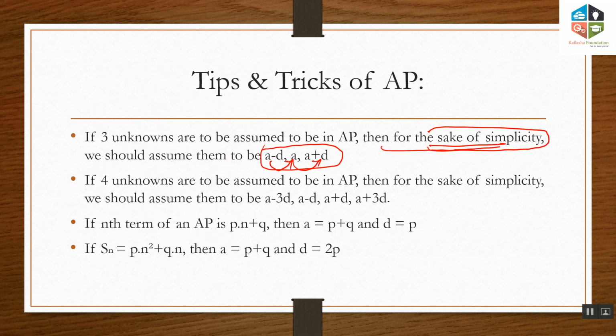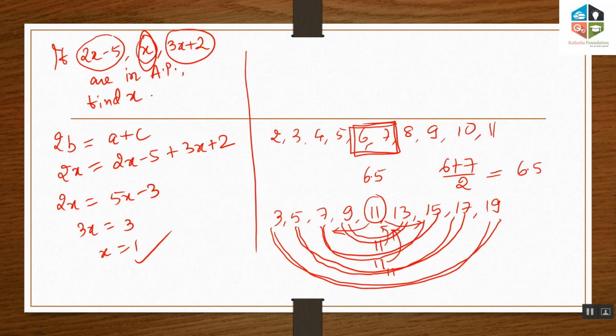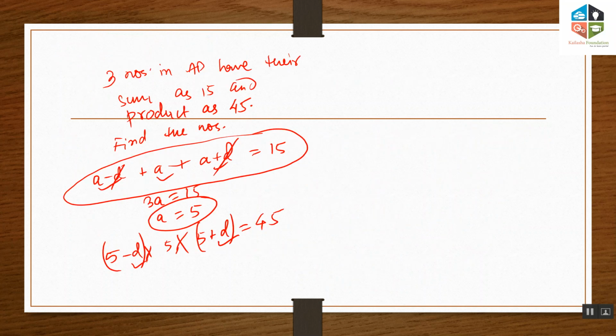And when it comes to four unknowns, then sir, in this question also there were three unknowns. Why didn't we take a minus d, a and a plus d? These were three unknowns given in terms of x, but here it is simply written three numbers in AP. It didn't tell us a, b, and c.